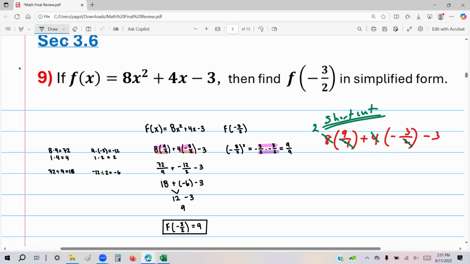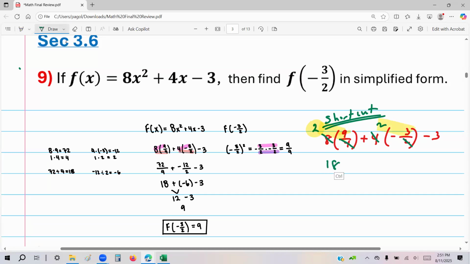What is 4 divided by 2? 2. And then you multiply. You have 2 here and 9 here. You multiply them. You have 2 here and 3 here. You multiply them.